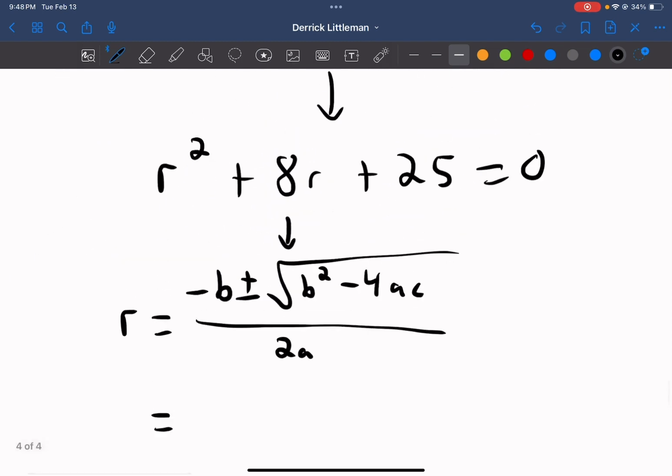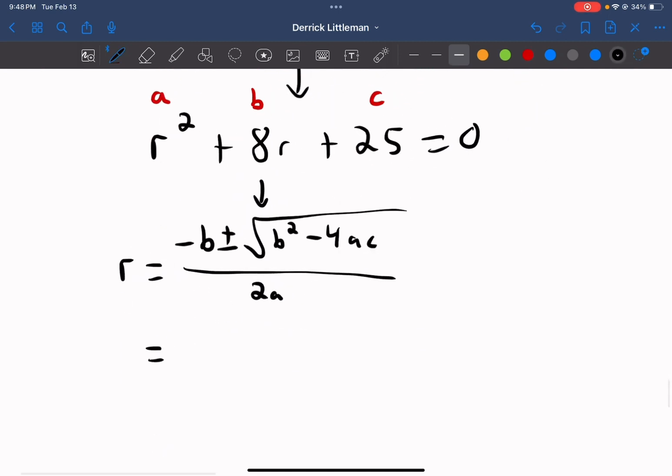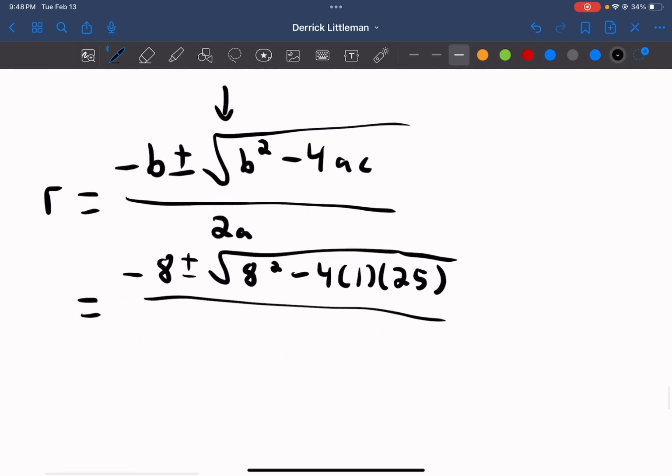Here we have negative 8 plus or minus square root of 8 squared minus 4 times 1 times 25, all over 2 times 1.